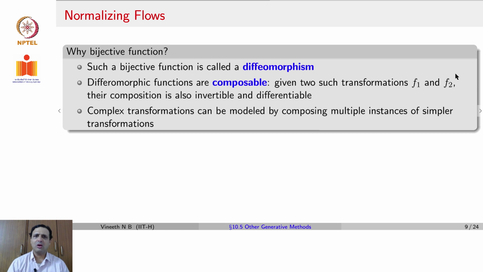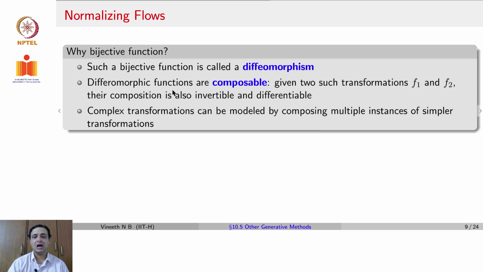Why did we say we want a differentiable bijective function? Why should each of the f's be a differentiable bijective function? It should be fairly straightforward. We already saw how the inverse was being used, but let's define it more formally. Such a bijective function, the way we are using it, is called a diffeomorphism.